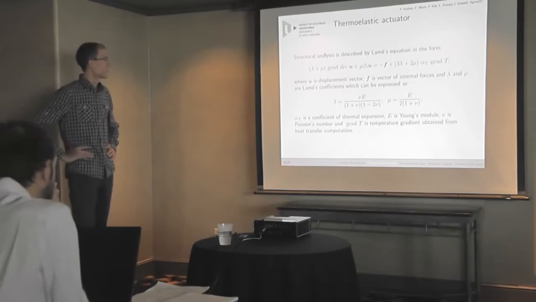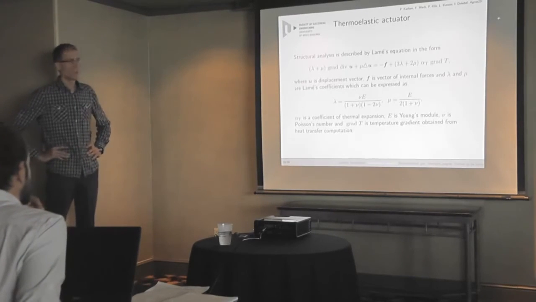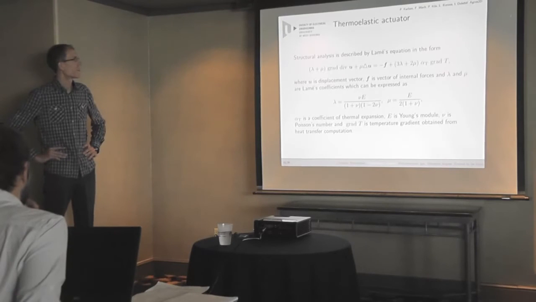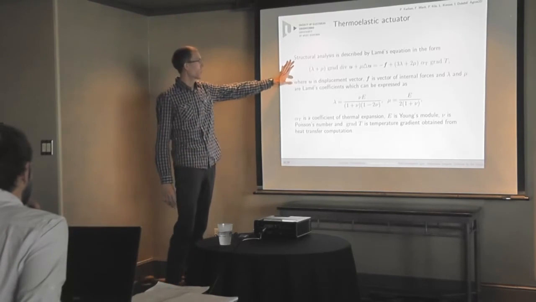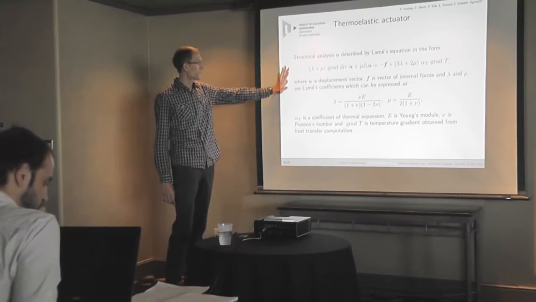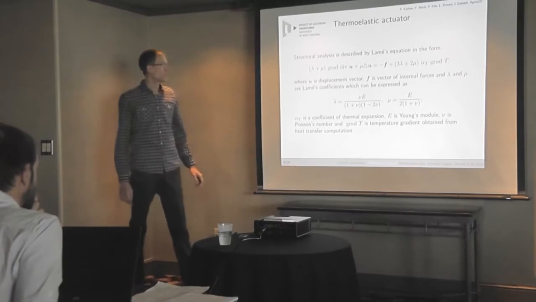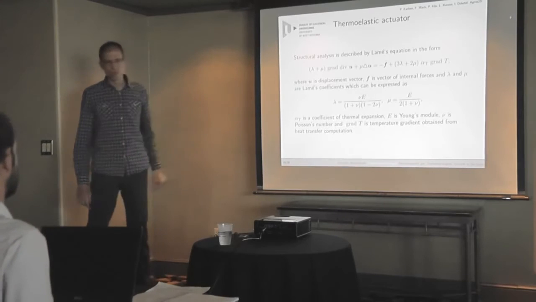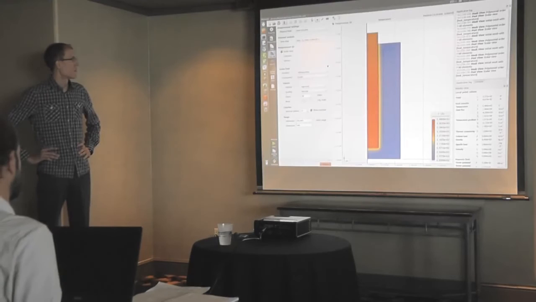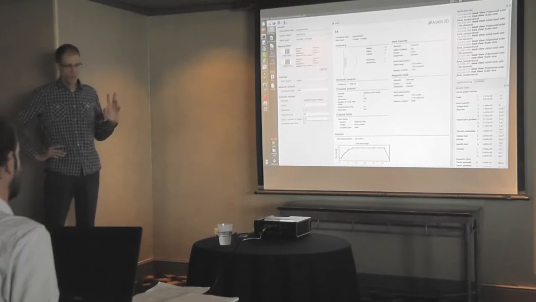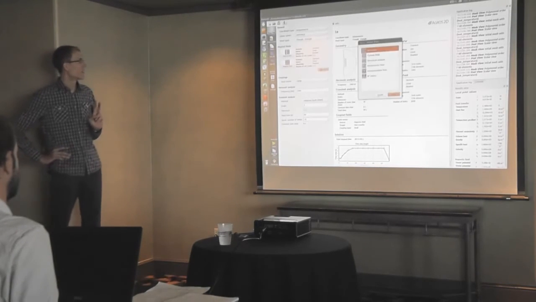So the next step is the structure mechanics, which is described by Lamé equations, which are here with some coefficients. So I think we can proceed to the step. So far we have two fields, and we need one more.